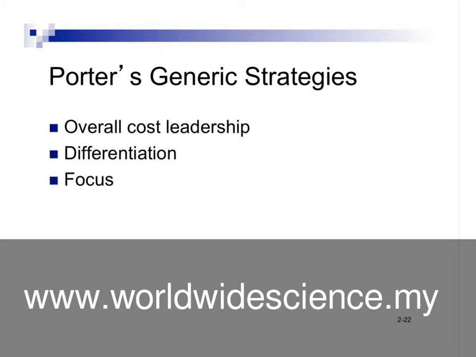Focus in another sense would be, let's say, in the airline industry, your business class or VIP class kind of flights. You will focus only on the top business people who want to pay an extra amount of money. So you're just focusing on that certain group.